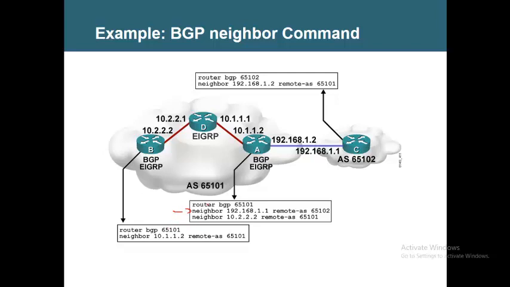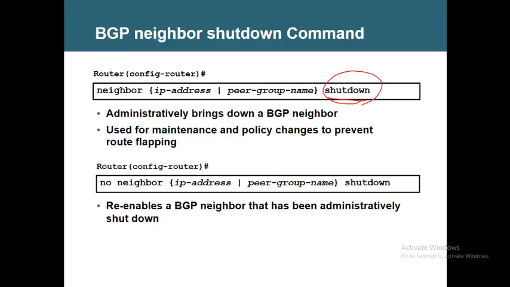That will be a big headache when you want it back. So you simply shut down the neighbor till you want it to be active again. Whenever you want it back, you just put no and bring it back. The neighbor comes up and all the policies are restored.